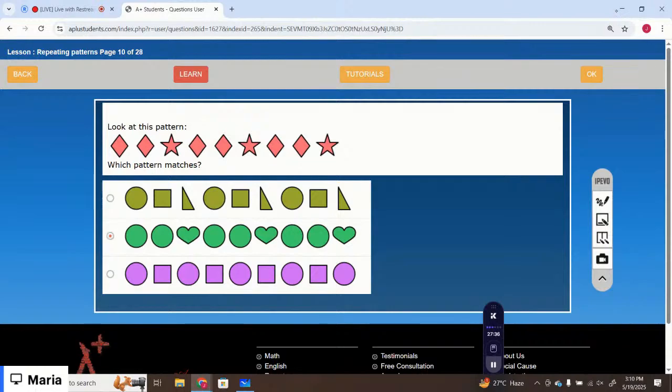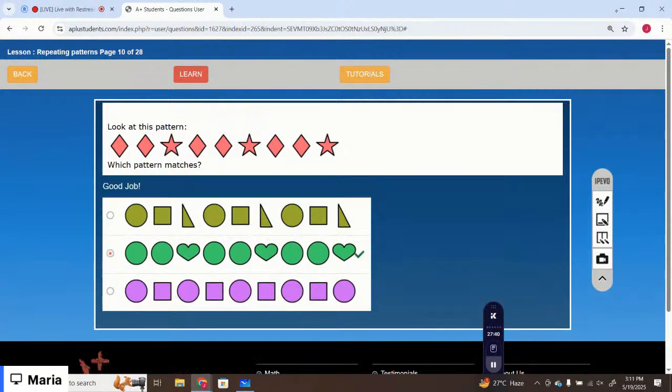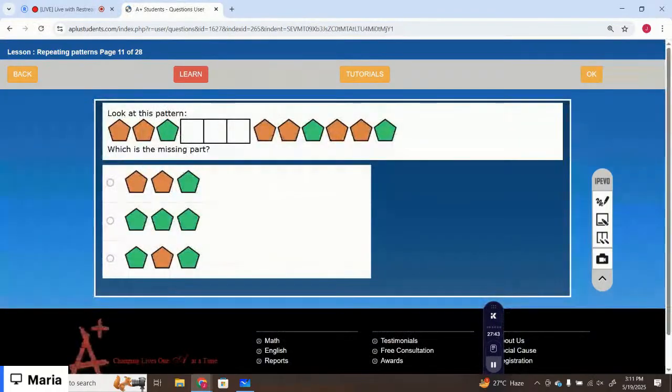Option number two is the correct option. Look at this pattern. Option number one is the correct option.